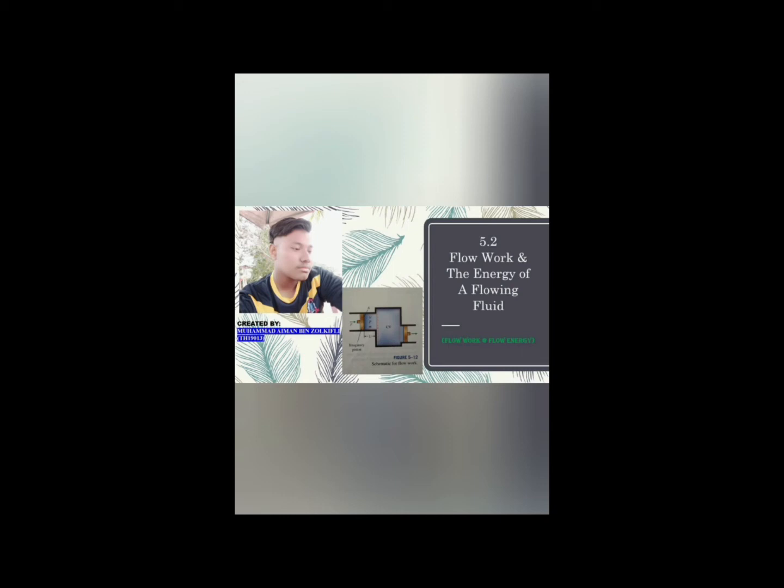Unlike closed systems, control volumes involve mass flow across their boundaries, and some work is required to push the mass into or out of the control volume. In figure 5.12, it is a schematic for flow work.